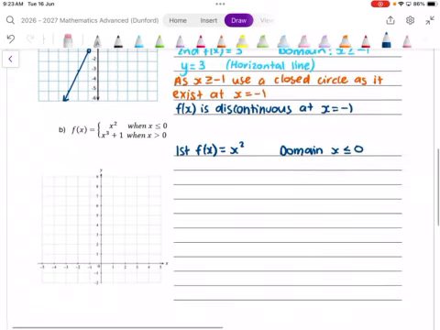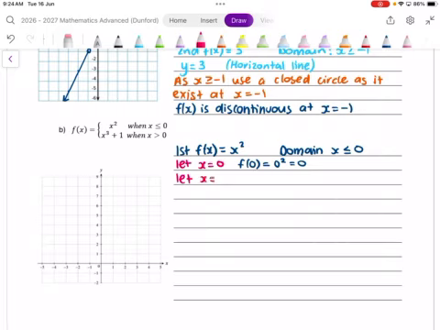That is our parabola on the left-hand side. So if we let x equal 0, we'll have f of 0 equals 0 squared, which is just 0.